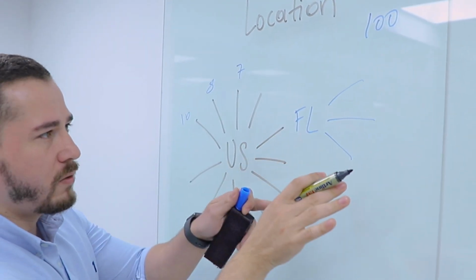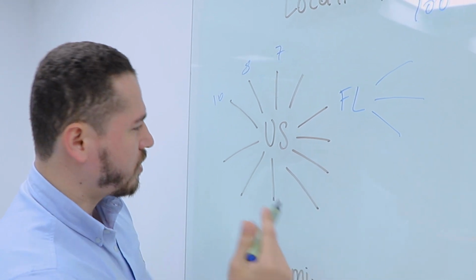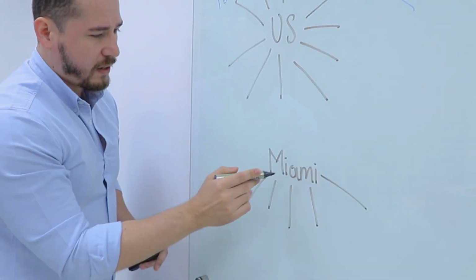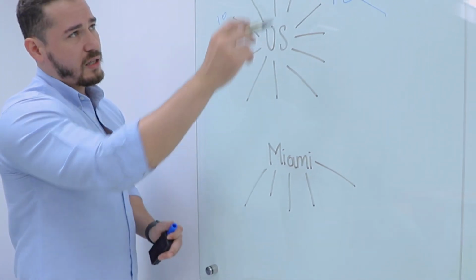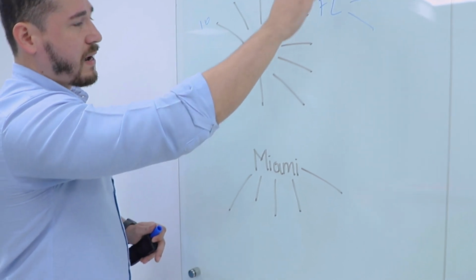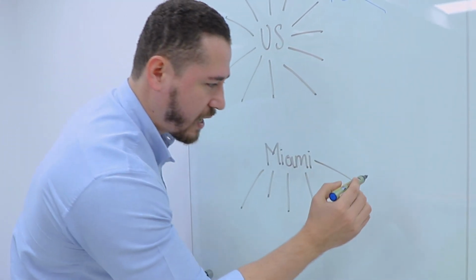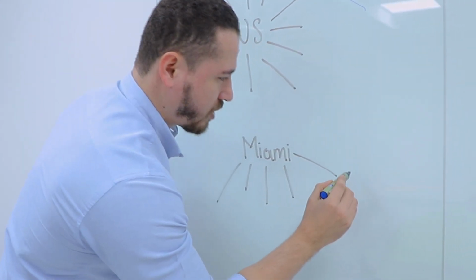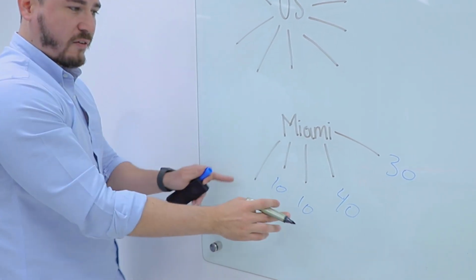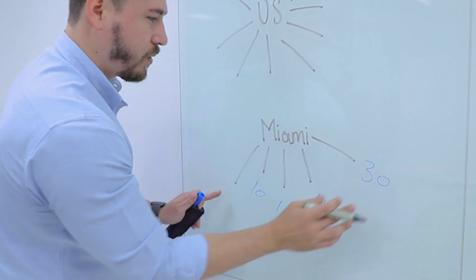The more granular you go, the harder it is for the system to understand which specific location is more relevant. But if you had a campaign targeting Miami only, and then you had 100 conversions in there, all you have to do is distribute the same values in fewer variables, right? So now you can fill in the gap with something like this. Let's assume this allows the system to have more weighted value per location.